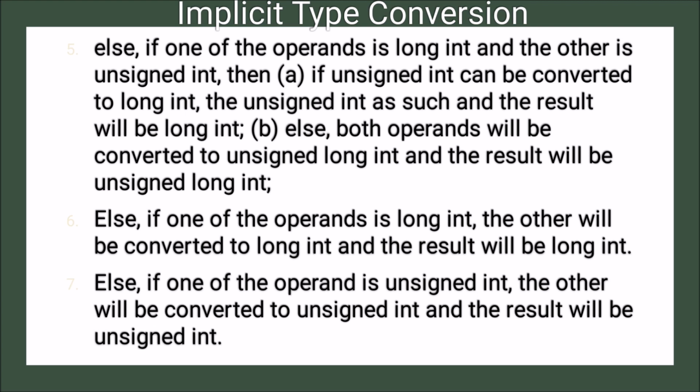The seventh one: else if one of the operands is unsigned integer, the other will be converted to unsigned integer and the result will be unsigned integer. So these are the rules followed by C language itself while executing implicit type conversion.